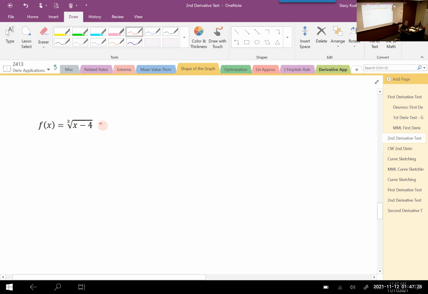Well, I'm going to rewrite this as (x minus 4) to the 1/3 power. And the derivative would be 1/3 (x minus 4) to the negative 2/3 times 1.